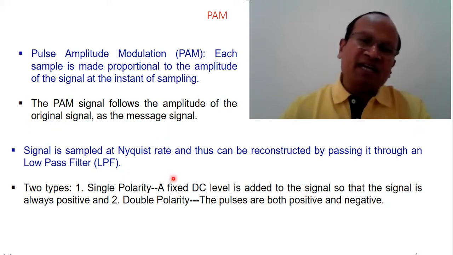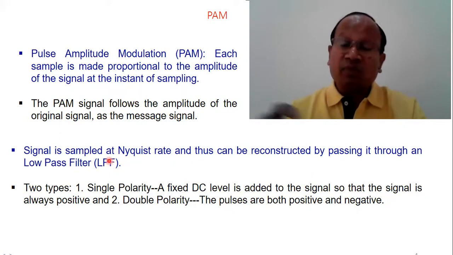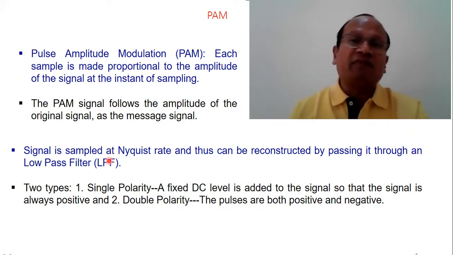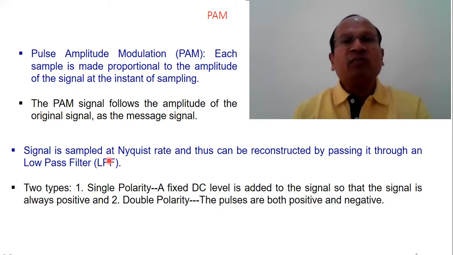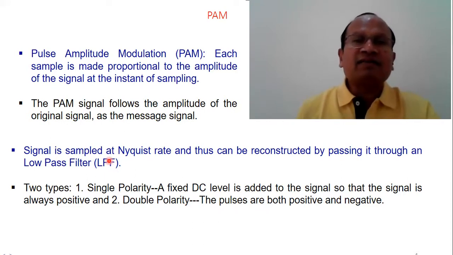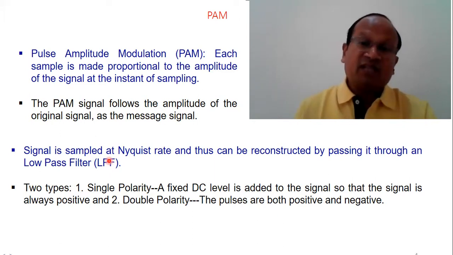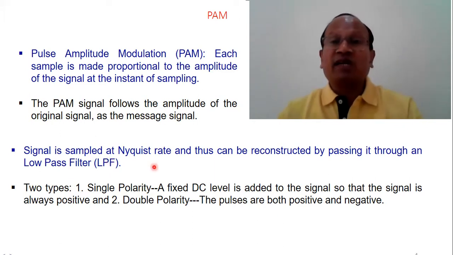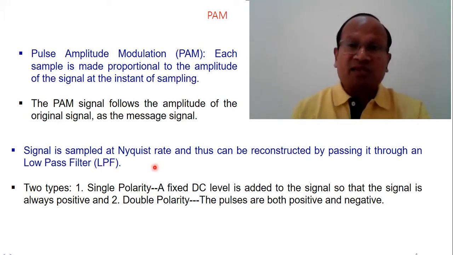The signal is sampled at Nyquist rate, and therefore it can be reconstructed by passing it through a suitable low pass filter. Nyquist: when we are converting a signal into the form of pulses, there comes a role of sampling. Sampling converts an analog signal into a discrete signal, which is in the form of pulses, and that requires the Nyquist rate to be observed.